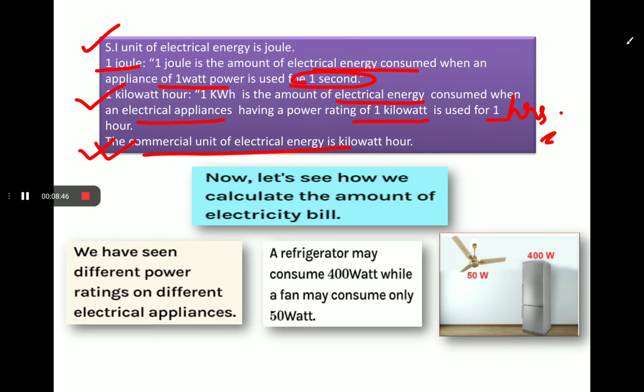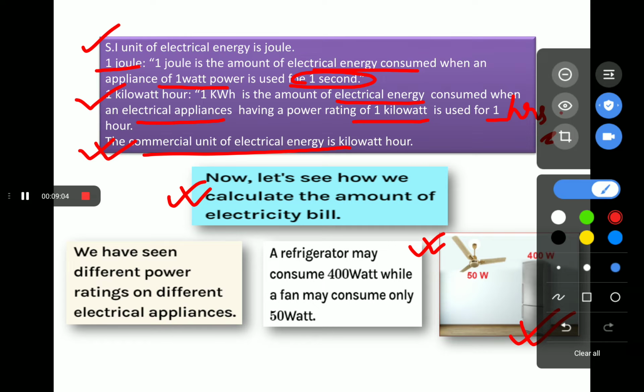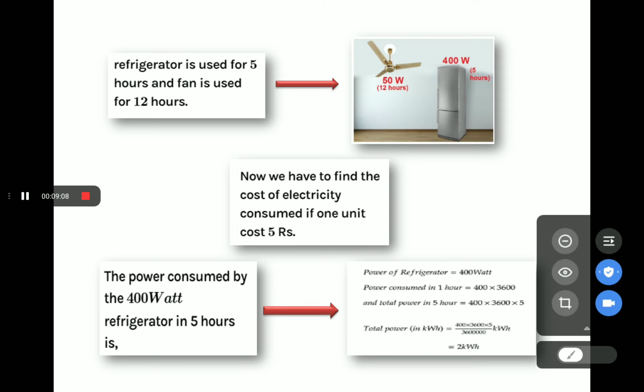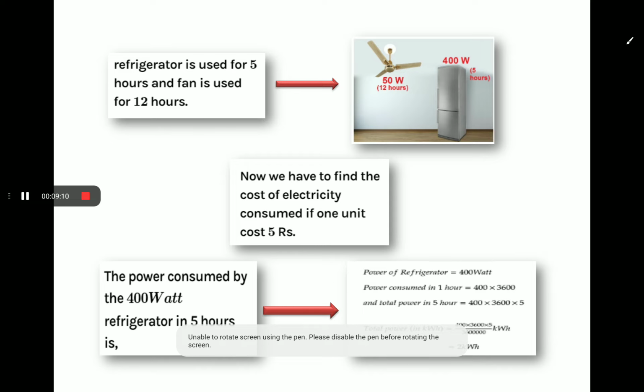Now we will see how we calculate the amount of electricity billed. Here we consider two devices. First is a refrigerator of 400 watt and second is a fan of 50 watt. The condition is given that the refrigerator is used for 5 hours and the fan is used for 12 hours.